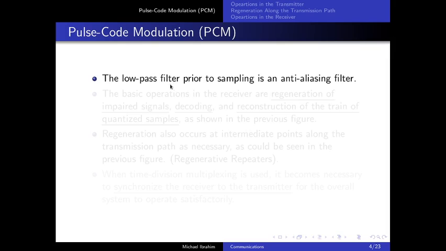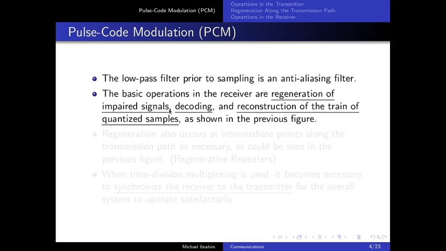So the low-pass filter prior to the sampling process is basically an anti-aliasing filter to limit the bandwidth of the message before sampling. And the basic operations in the receiver, as we have discussed, are basically regeneration of the impaired signal, decoding followed by reconstruction filter.